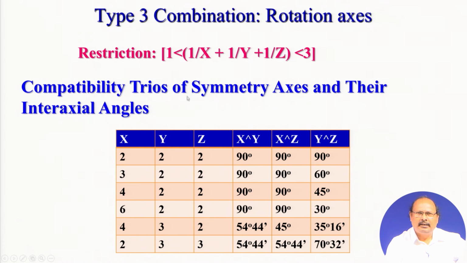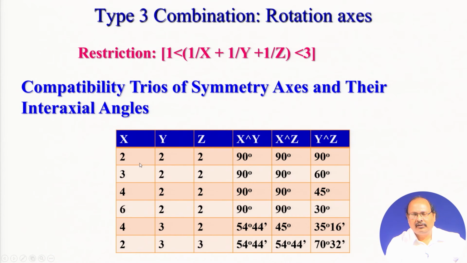So, there are three symmetry axes, and I have given in this table what combinations are possible and the interaxial angles, the angles between the three axes. So, this is 1, 2, 3, 4, 5, 6. I have shown 6 fundamental types of combinations of symmetry axes. The first is 2, 2, 2.